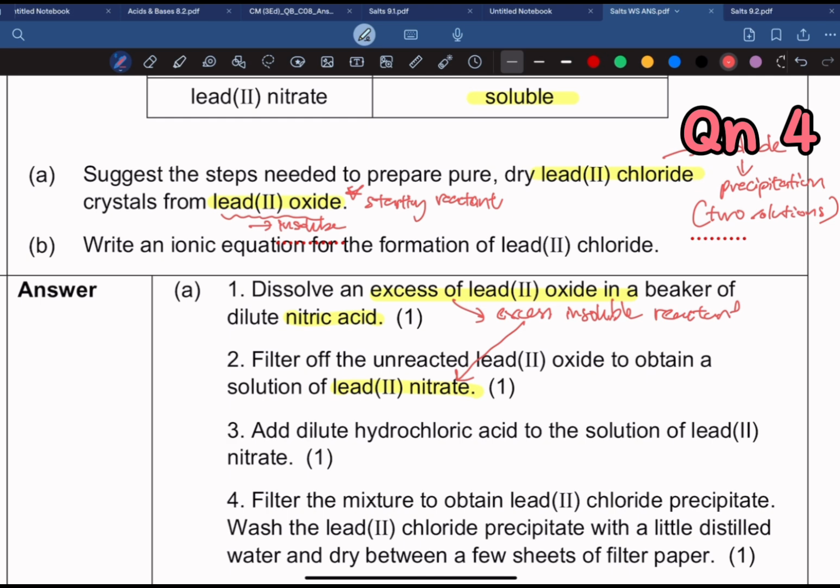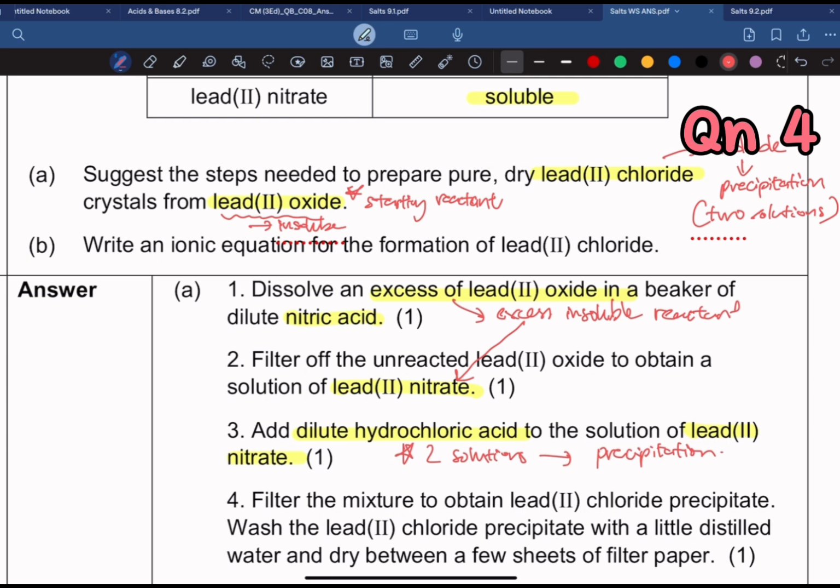So we use this method and we can get our lead-2 nitrate, and we can then add our acid to the solution of lead-2 nitrate. Here we are using two solutions and we can form precipitation now. Right, so this type of question is very common.